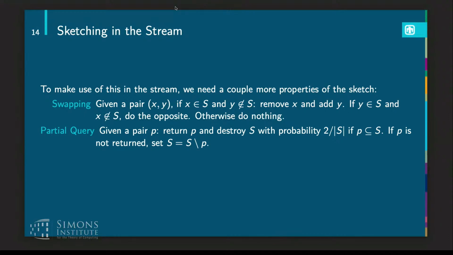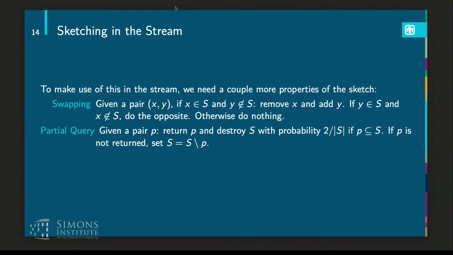Our second one is going to be a partial query operation. Previously, we had this idea of querying S with a large set of pairs, both estimating the overlap and sampling those pairs contained within S equally. What our partial query is going to do is, given a single pair, let us sample it with the same probability that we would have if we presented it as a large collection of pairs.